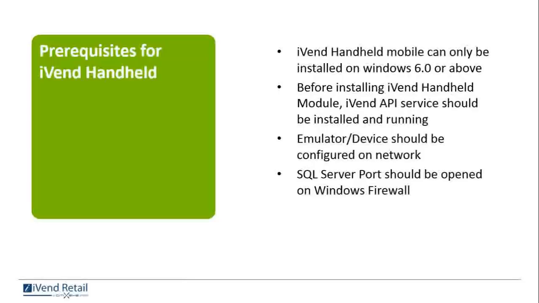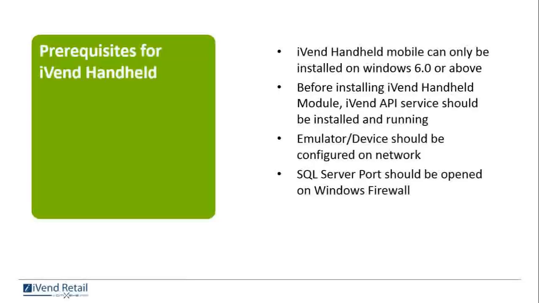Those are very important in terms of iVend Handheld. And also, I would like to make a very important note here. For the number of devices you are going to use, you would require that number of iVend licenses. So let's say in a store I'm using two iVend Handheld mobile devices, then I would require 2 licenses of these handhelds.